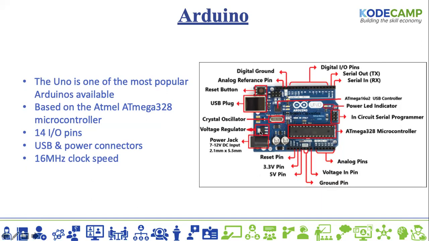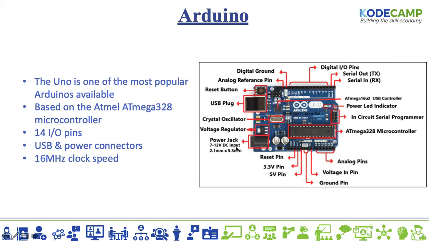Now this very component here is the voltage regulator. Now the Arduino takes just 5 volts, but with this power jack, you can give it up to 12 volts DC. Not AC, please, it is DC.